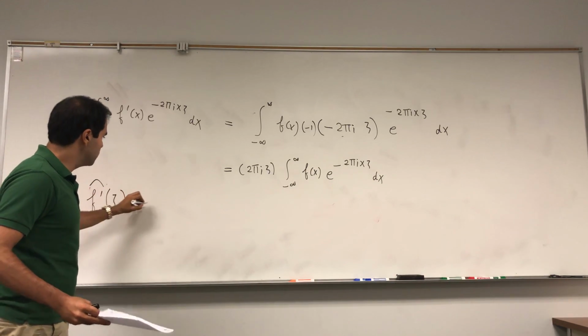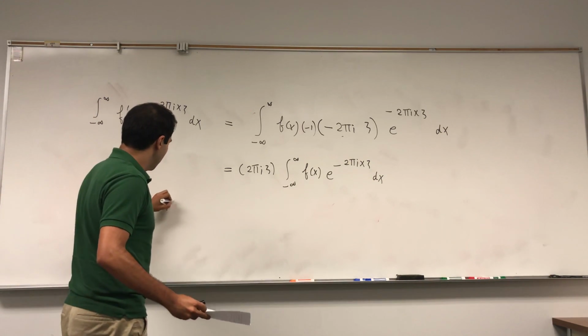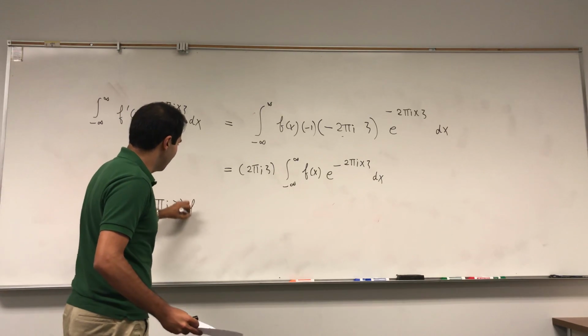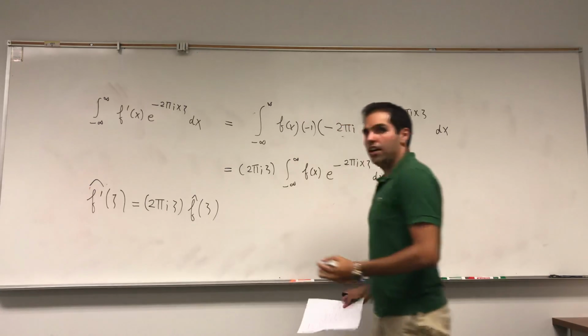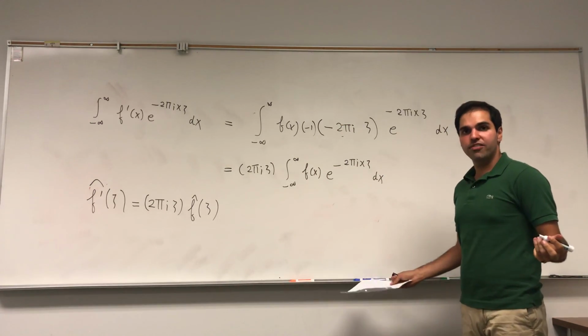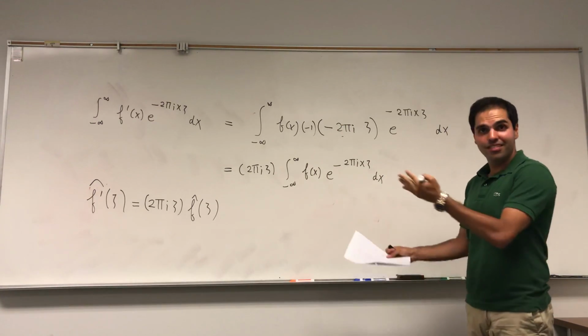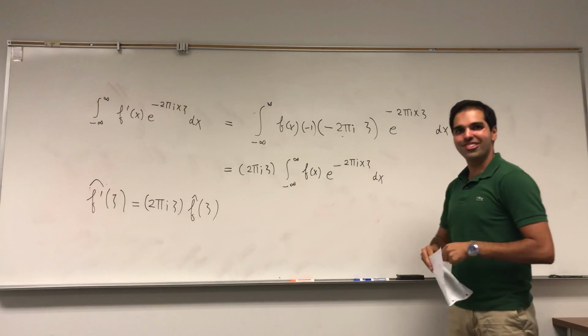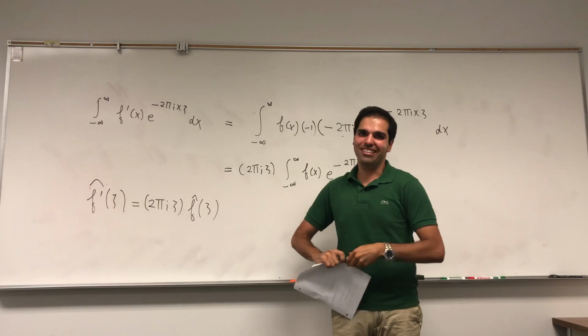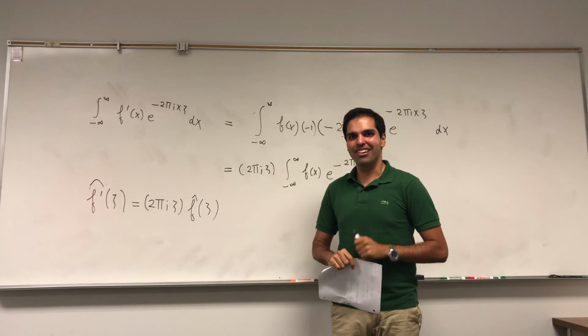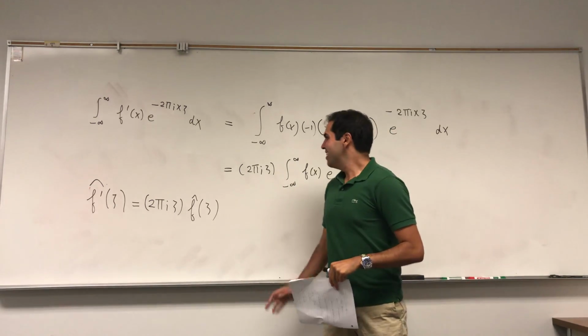And this becomes 2 pi i xi times the Fourier transform of f. And the question is, when did I use integration by parts? Never. I just used a substitution. So this is perfectly valid without integration by parts. Hence, my proof of the product rule is perfectly valid.